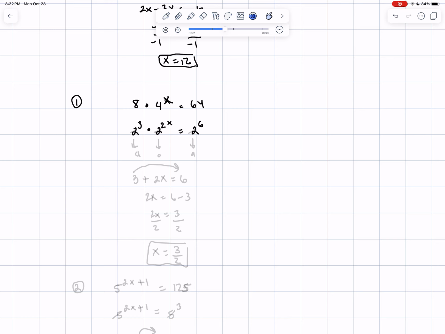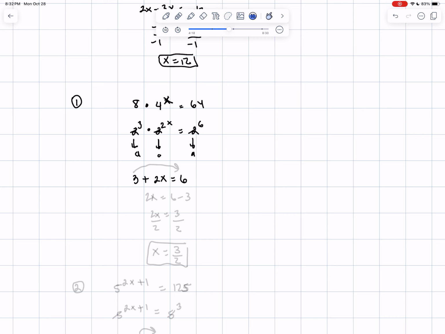So since all of our a's are the same, we can cross them out. And then whatever's left behind, we add together. So that's a vital thing here. If you forget to add, then the answer will not be what we're looking for.